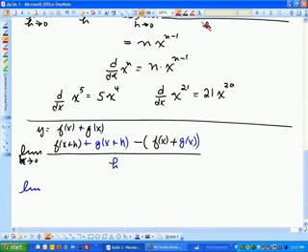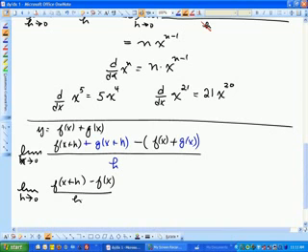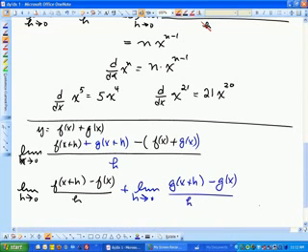So the limit as h approaches 0 of, and I'm going to take the two f terms out here, and so it's going to be f of x plus h minus f of x over h, and then what's left is plus the limit as h approaches 0 of g of x plus h minus g of x over h.